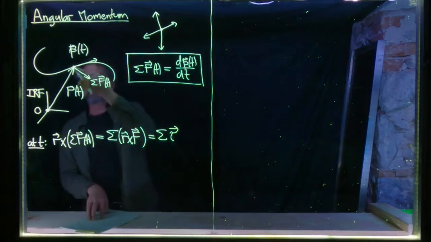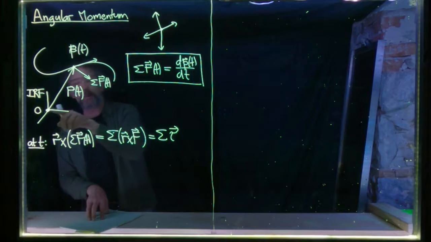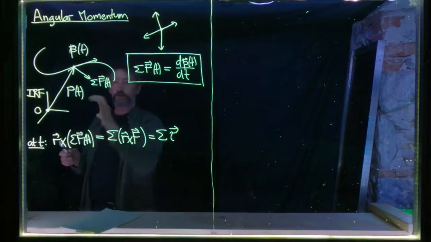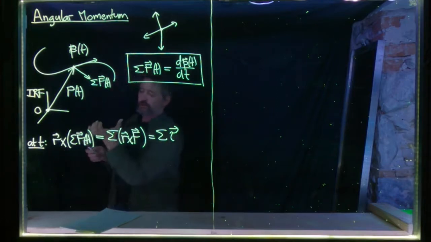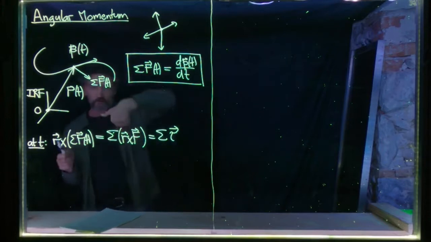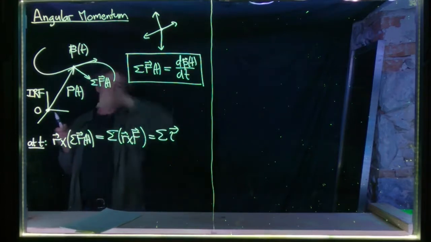They're all applied at that application point, and they exert torques about that point. Twisting forces, clockwise, counterclockwise, or about whatever axis, because torque is a vector. You can exert twisting forces about any axis.